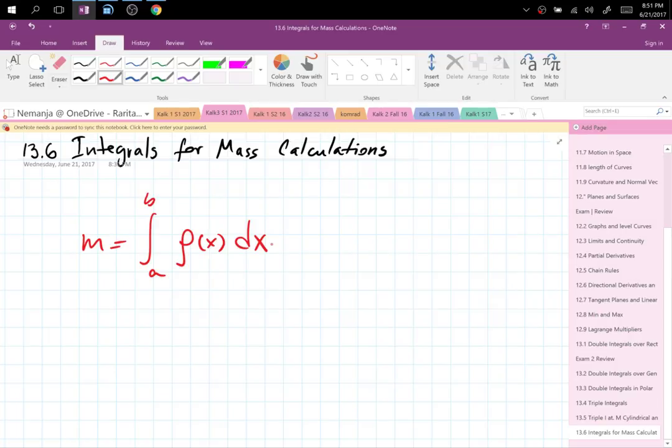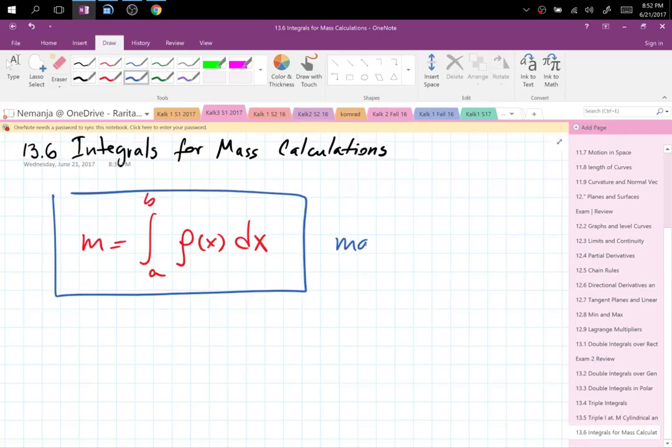If the density is not uniform, we will be able to calculate mass again because we can integrate. So this is mass.